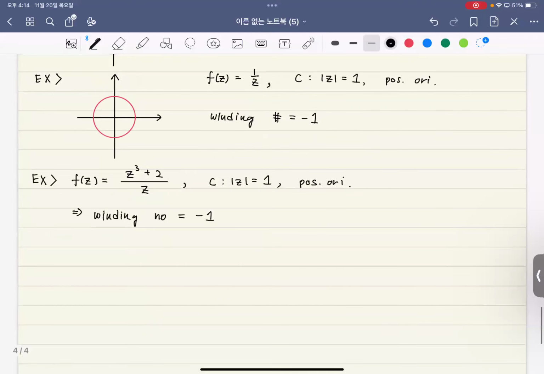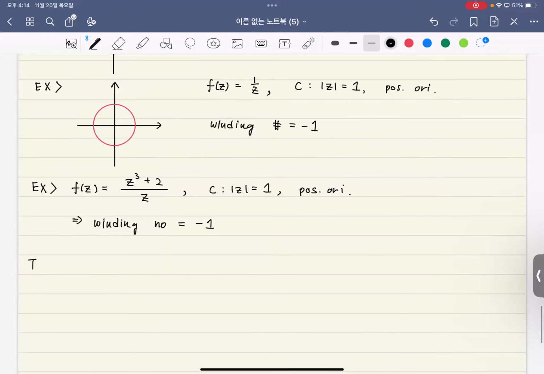All right. Yeah, the idea of the winding number is very interesting, especially for people like me, for topologists. The concept of the winding number is considered so important in so many different fields of geometry and topology.